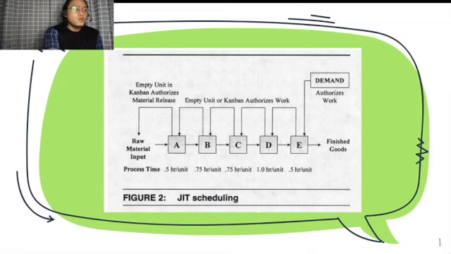Okay, so in this illustration, this is a figure from the original model converted into a JIT scheduling. In this figure, we will assume that a work in progress unit exists at each of the process stages, so a steady state system, and that no inventory storage is allowed between the process stages. Demand now authorizes process E to produce a unit.